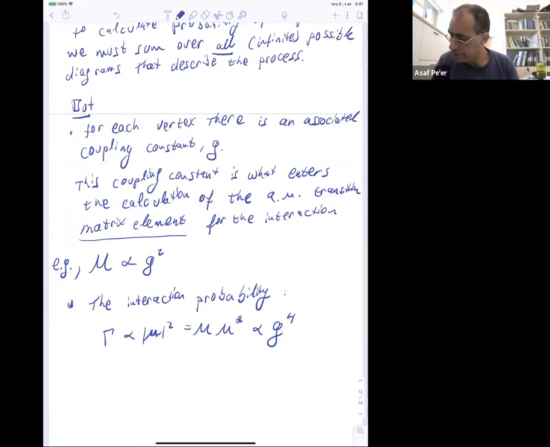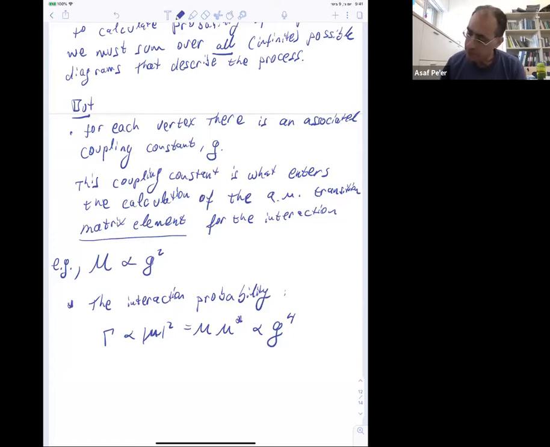So the more vertices there are, the higher orders of G that we have. If we're talking about the right-hand one, we have 4 vertices. So the matrix element would go as G to the 4, and then the interaction probability would go as G to the power 8.